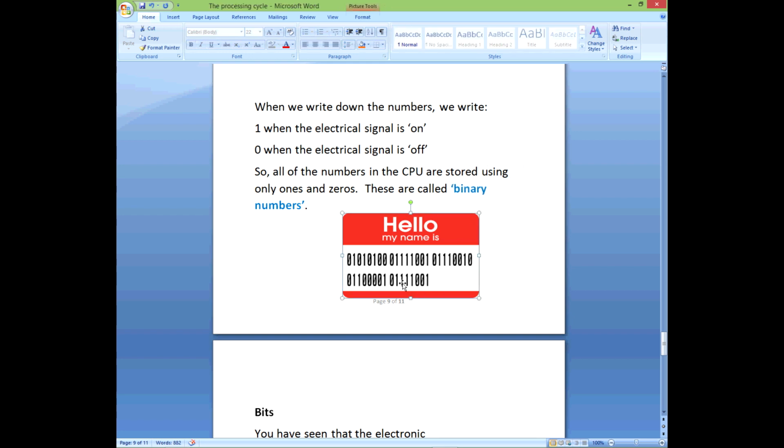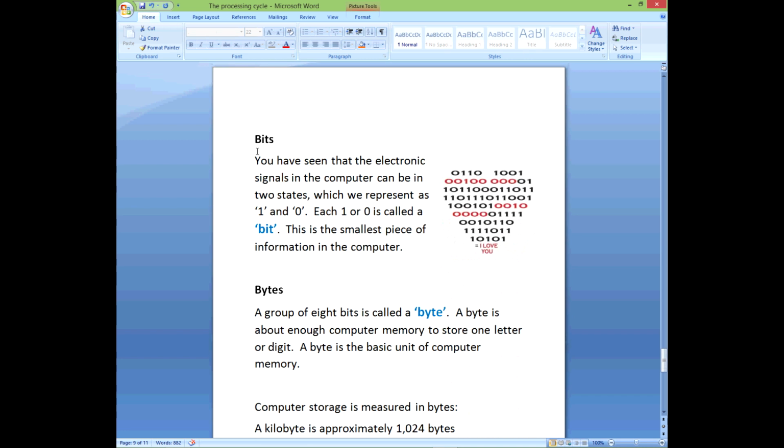So all the computer understands is ones and zeros. Bits again. You have seen that the electronic signals in the computer can be in two states, which we represent as 1 and 0. Each 1 or 0 is called a bit.